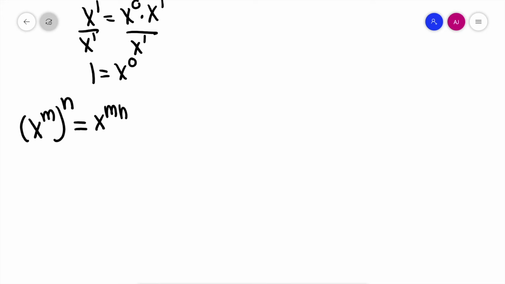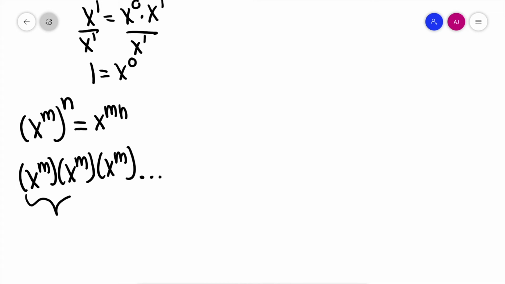We go about understanding this the same way as we did the product of powers. If you have x to the m times x to the m times x to the m, n times, then through the definition of the exponent, you're just multiplying x to the m n times, so it's x to the m to the n.